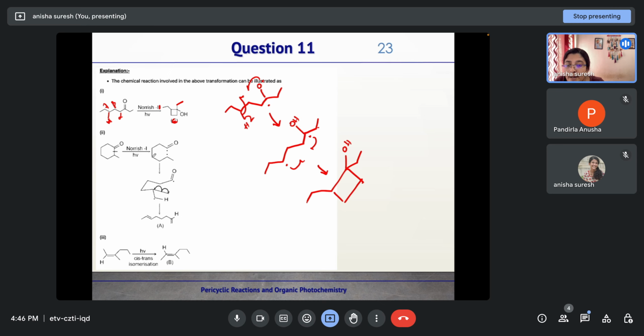Alpha, beta, gamma, delta position. Here, this proton will be abstracted. Okay. Then here it will recombine, leading to the formation of a double bond, and here an aldehyde will be forming.